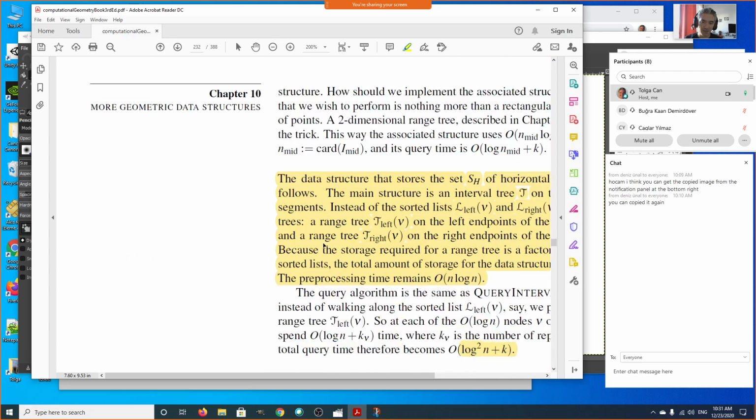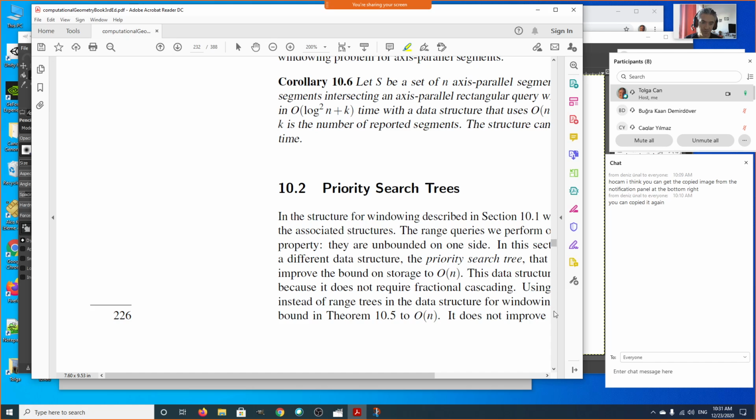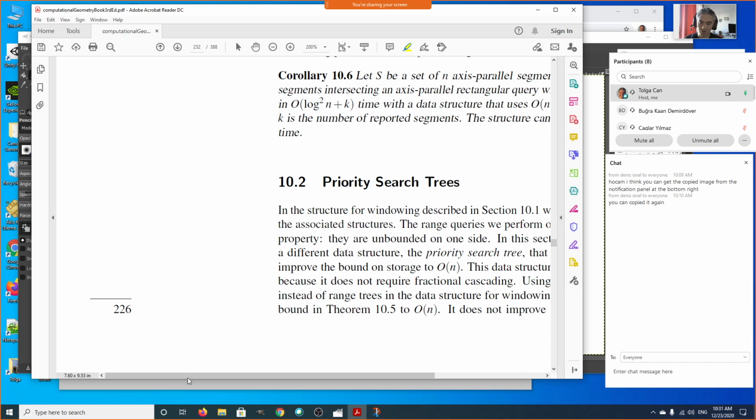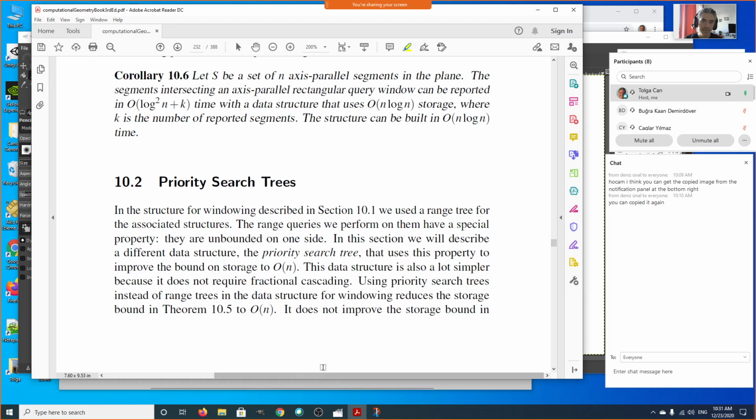So if we have something like this, we are going to make use of two data structures and combine them together. The heap data structure, for example: the entire L left list could be stored in a min heap.